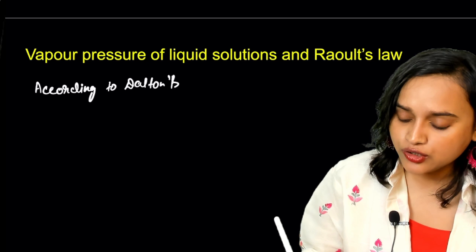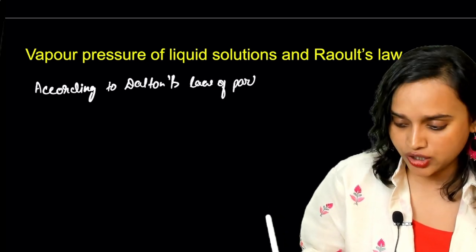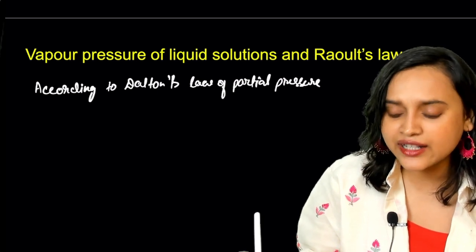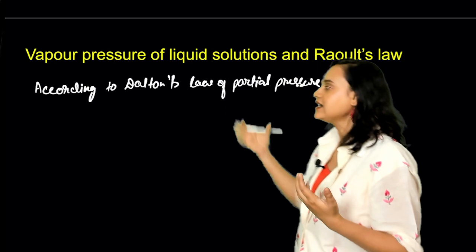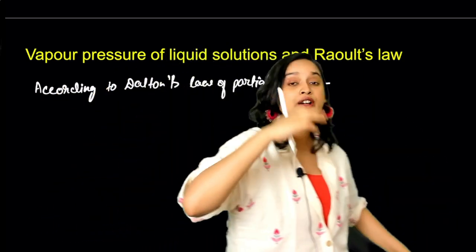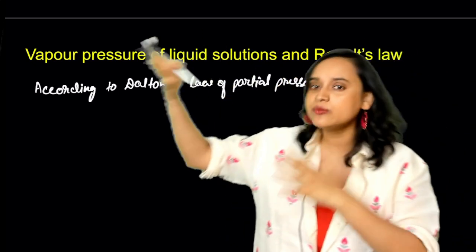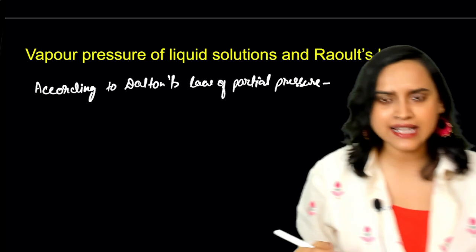Dalton said a very common sense thing. He said that if you have partial pressures of component 1 and component 2, that means that the total pressure is going to be the sum of all the partial pressures. Makes sense, right?